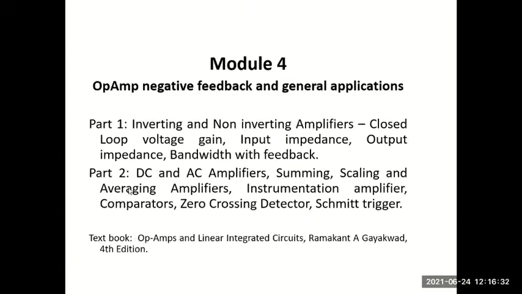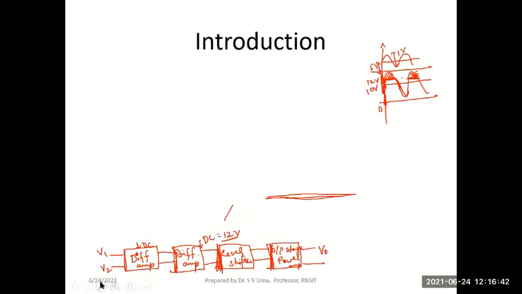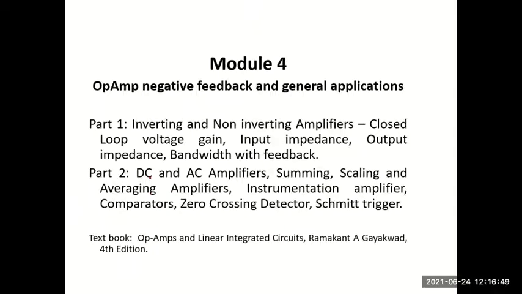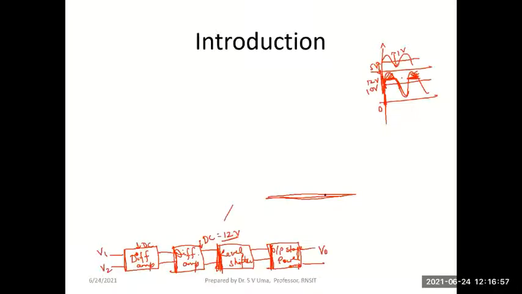As you can see, these are what I have written as part 2. I have shown the part 2 here. So there are some applications: DC and AC amplifiers, summing, scaling, averaging circuits, instrumentation, comparator, zero crossing detector, Schmitt trigger.